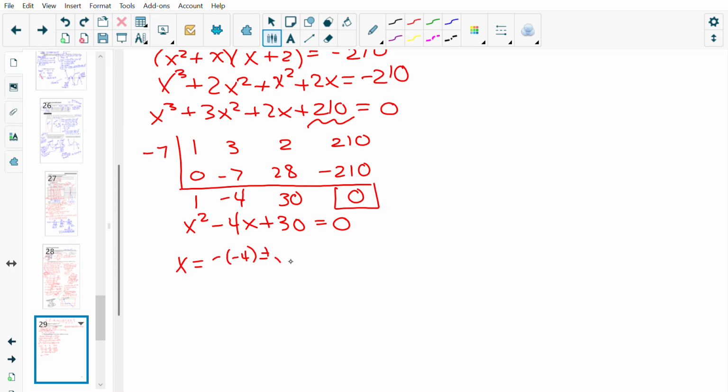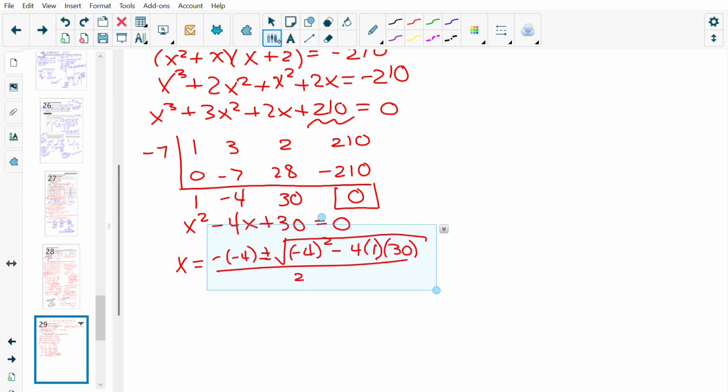Okay, x equals negative 4 plus or minus the square root of negative 4 squared minus 4 times 1 times 30, over 2 times 1.